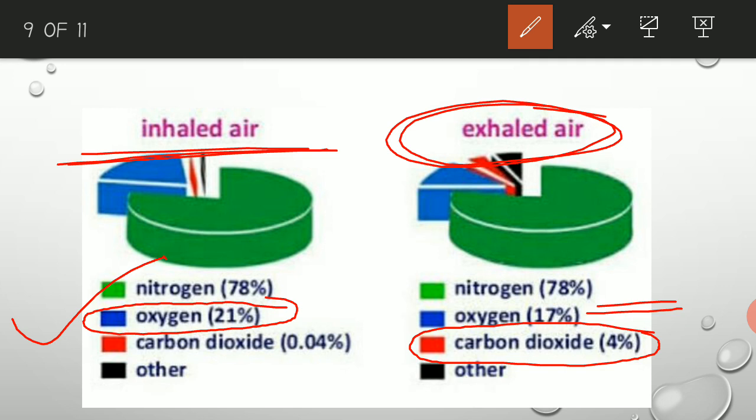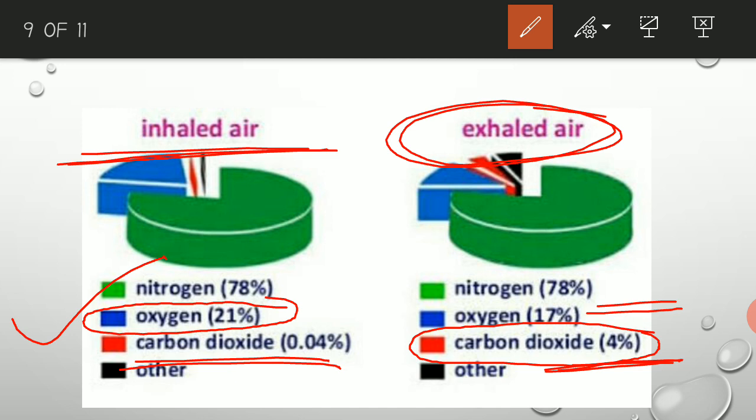And in the inhaled air, the carbon dioxide content is 0.04%, whereas in the exhaled air it's about 4%. So we can easily find out that in the inhaled air the oxygen content is higher than the exhaled one, and in the exhaled air the carbon dioxide content is higher than the inhaled air.